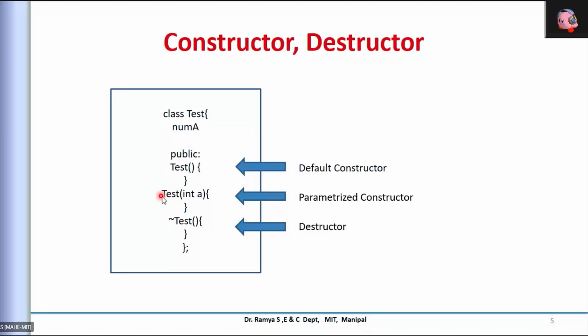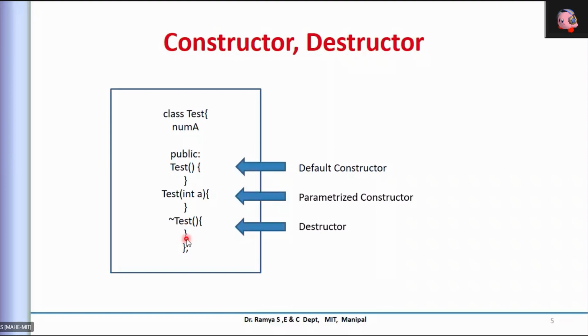You can observe that I can have many constructors, but there will be only one destructor, so it cannot be overloaded. When an object is created, memory is allocated, so we want to release that memory. That is where the destructor comes into the picture, and it is called whenever the object goes out of scope of the program.